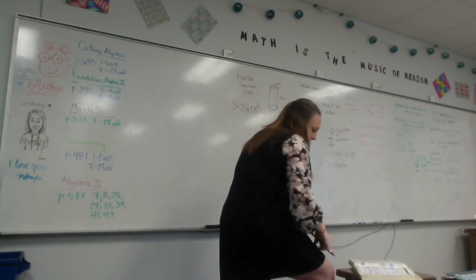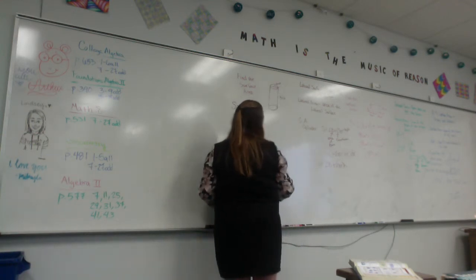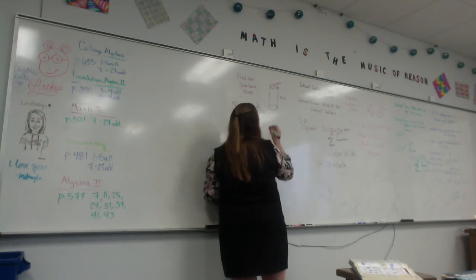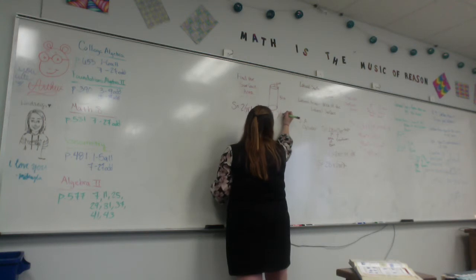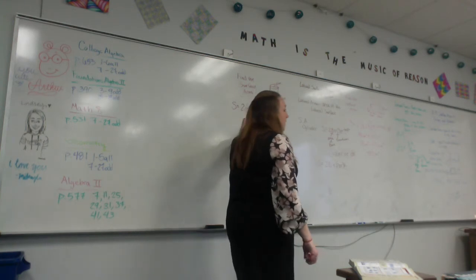What is my circumference of this? Which formula do you want to use? This one or that one? The d pi. So 2.5 times pi. And then it's times my height, which is, what's my height? 5. Okay, now let's do this. Do for me in your calculator, do in this order.